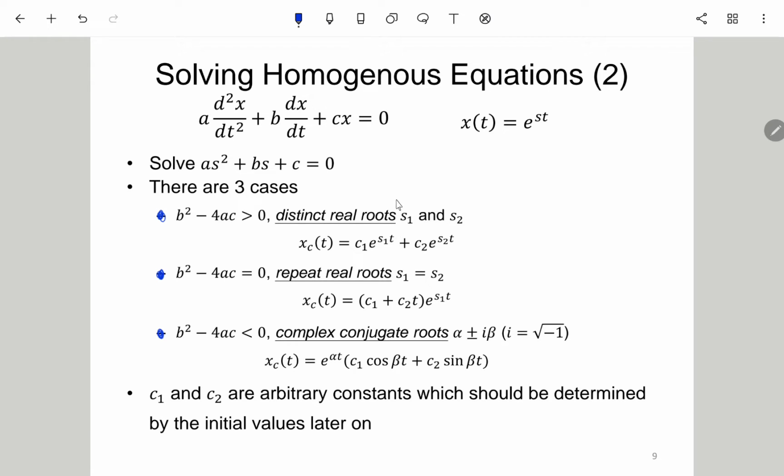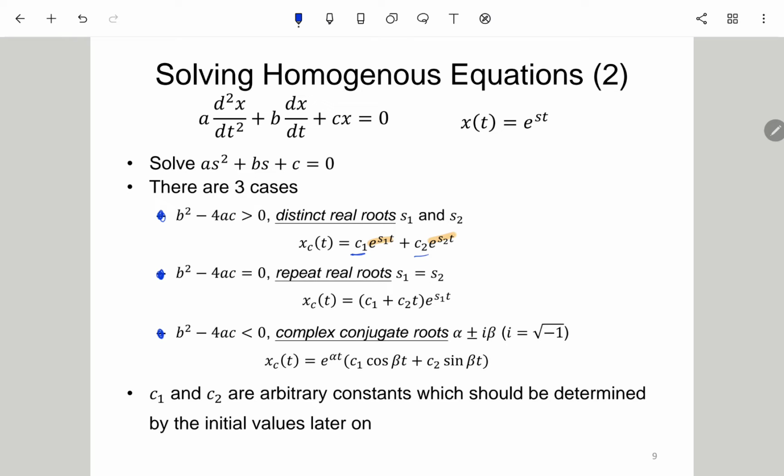Which means that if s equals s1, it is a solution to this equation, and if s equals s2, it is also a solution to this homogeneous equation. So finally, the complementary solution, or the homogeneous solution, is C1 times exponential to s1t plus C2 times exponential to s2t.